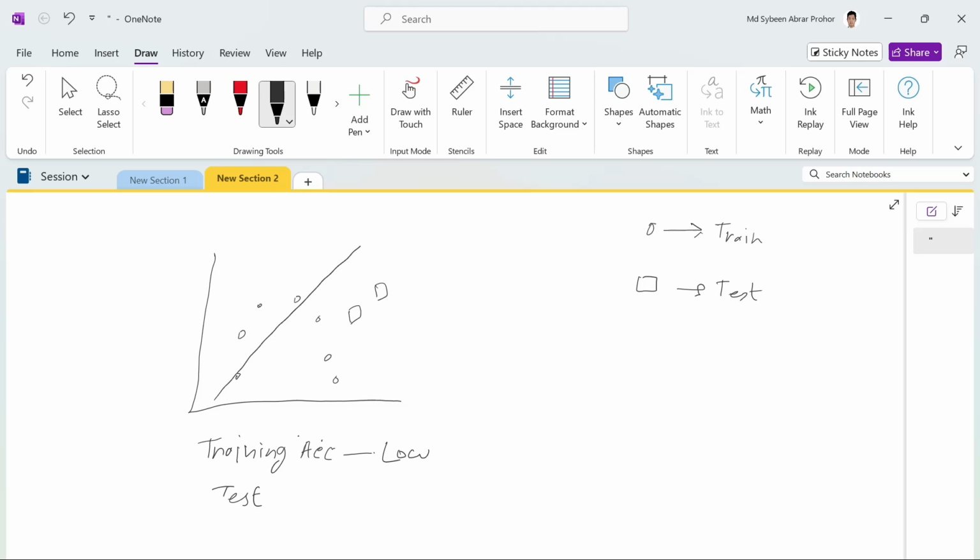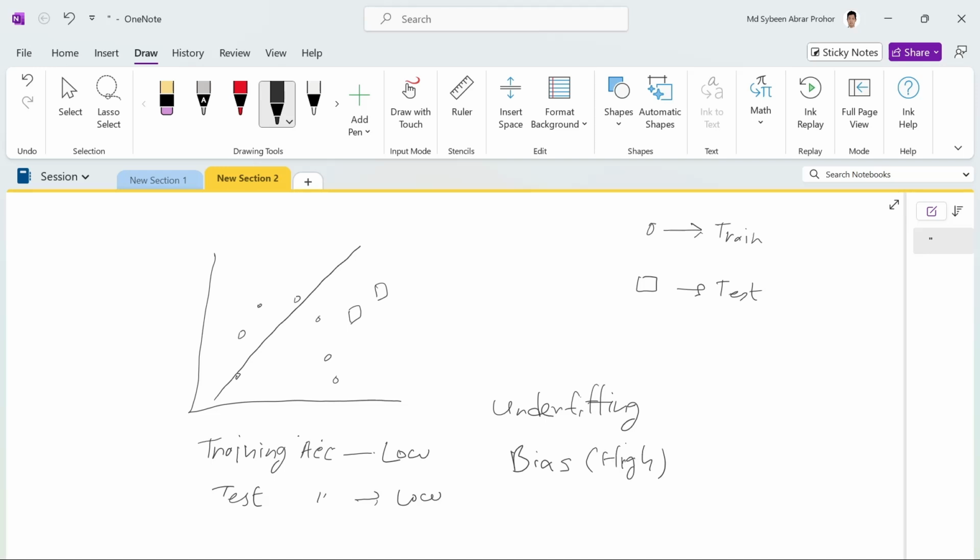Our test accuracy is also low. So this is an example of underfitting. This is underfitting, and we can see that the bias here is very high because the final result did not touch the test set as well as the training set.